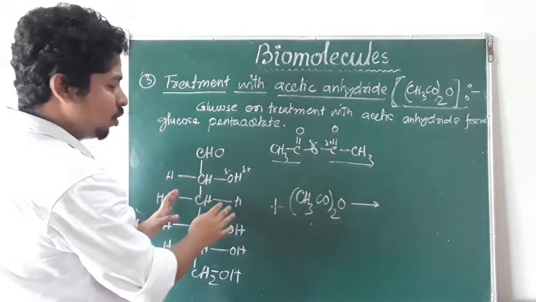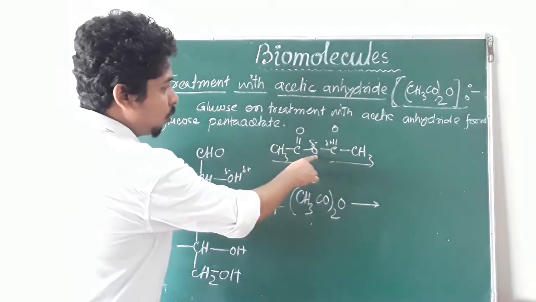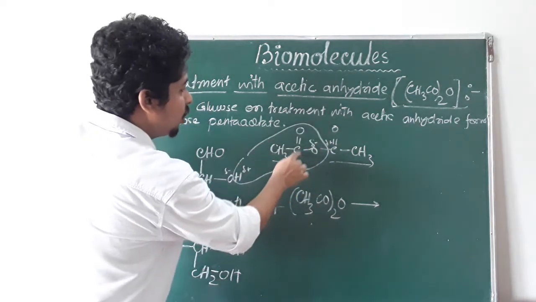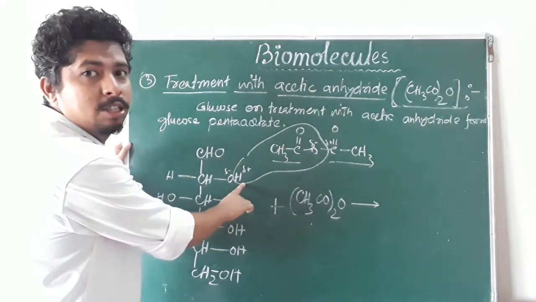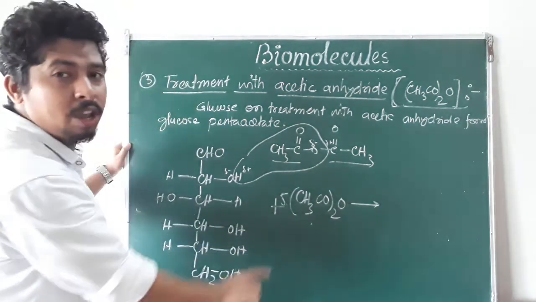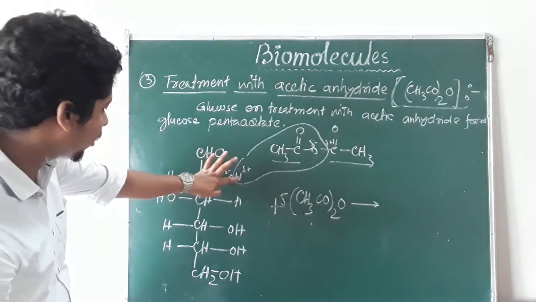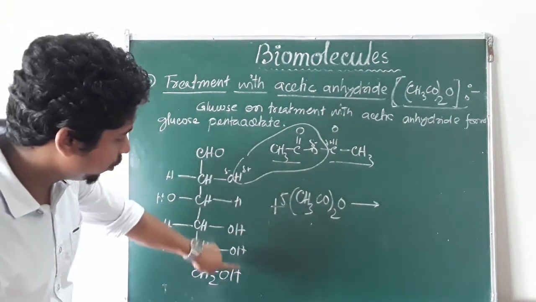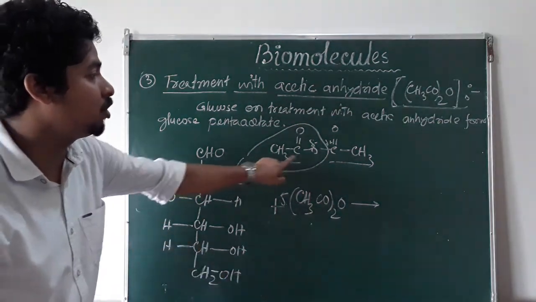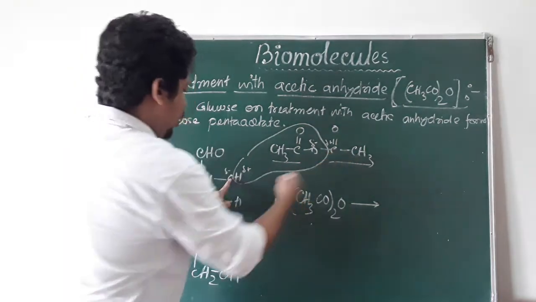When you treat this molecule, this CH3CO minus will take one H plus and be removed as CH3COOH. Here we have taken 5 acetic anhydride, so 5 hydrogens will be removed as 5 CH3COOH, and the OCOCH3 group will be attached.